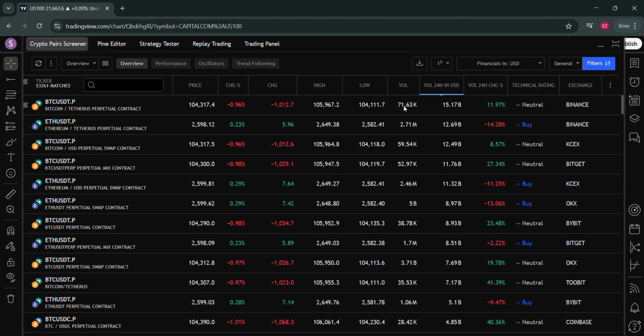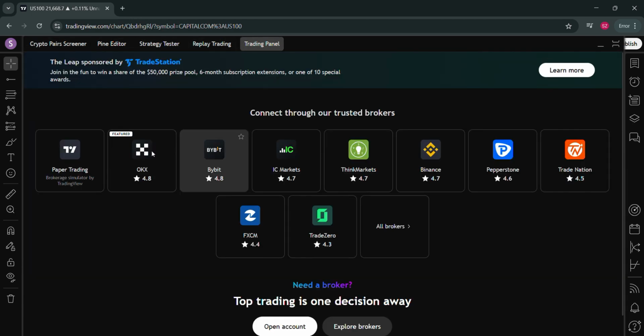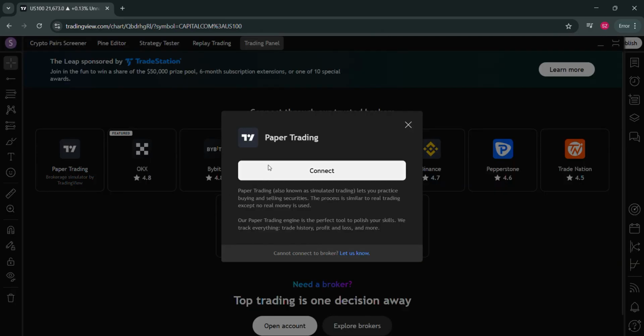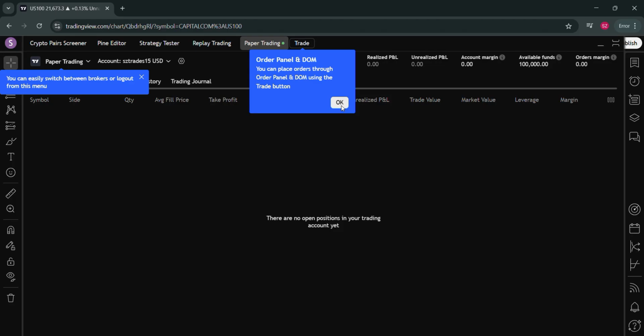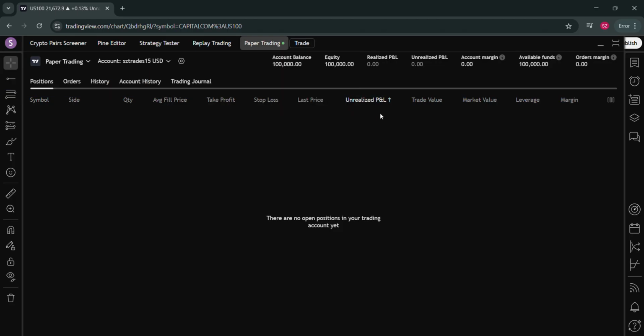Let's open the trading panel. This is a TradingView paper trading account. You need to connect to it. It's just a demo account. Here you can see this is a new account. I have 100,000 in my bank. This is fake money, demo money. Need to wait.